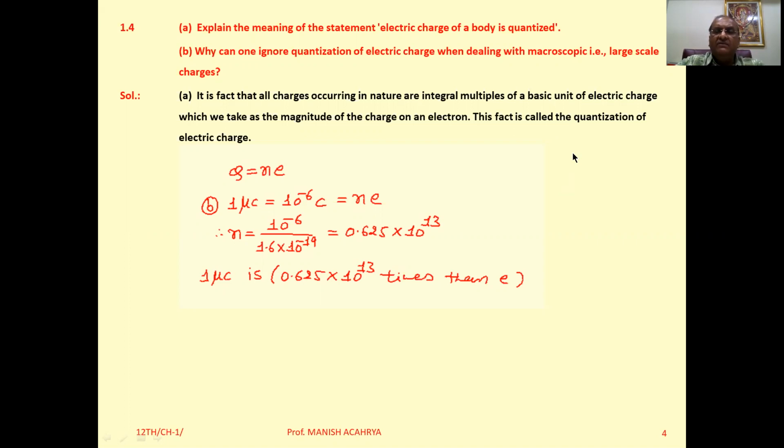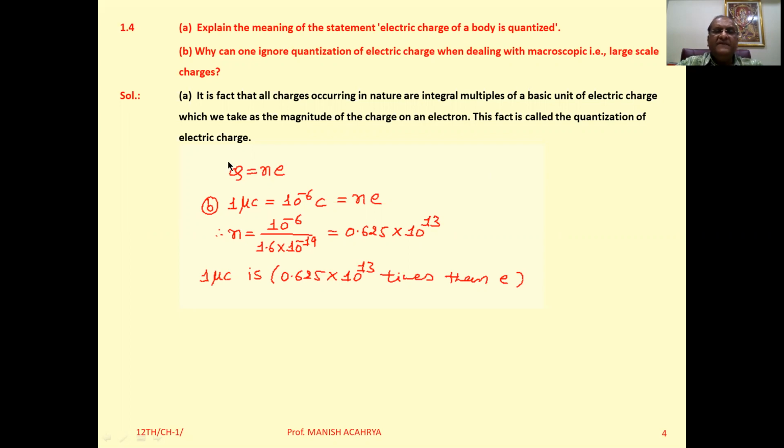The charge available in the nature, that is always in the integer multiple of charge of electron, or we can say proton. Magnitude wise, it is 1.6 into 10 raised to minus 19, and it is represented by small e. So charge available in the nature, that is n into e, where n, that is the integer.